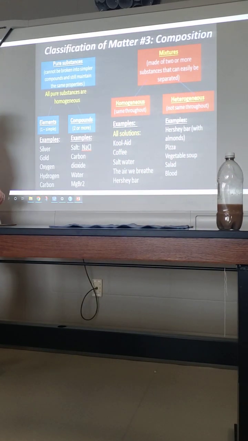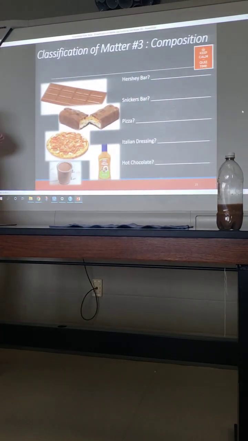Okay. All right. So looking at this, a plain Hershey bar, homogeneous or heterogeneous? What do you think? Looks the same throughout. That Snickers bar, hetero. You can clearly see the chocolate, the nougat, the caramel, the peanuts.